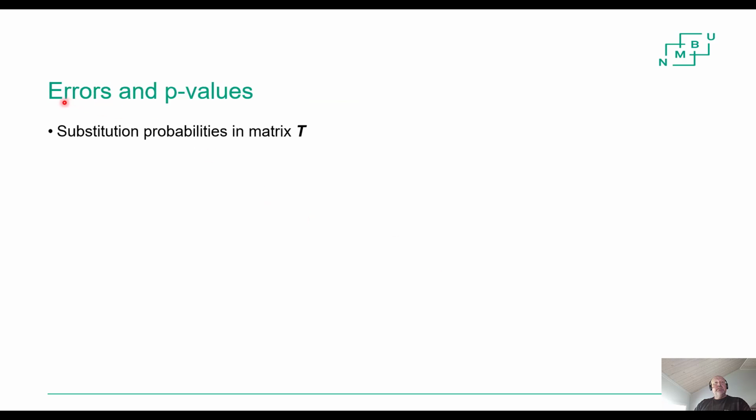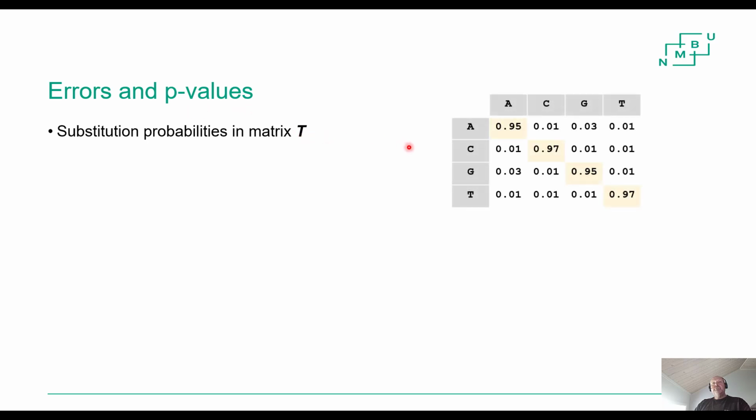So how do we estimate these errors and these p-values? Well, first we try to find what we call a substitution matrix. And here's an example of a substitution matrix. Notice we have the 4 bases as rows and columns, and inside here we have probabilities.